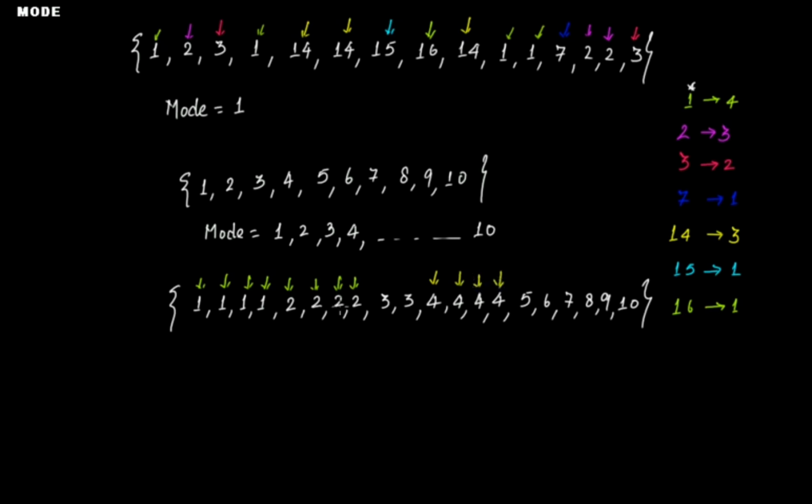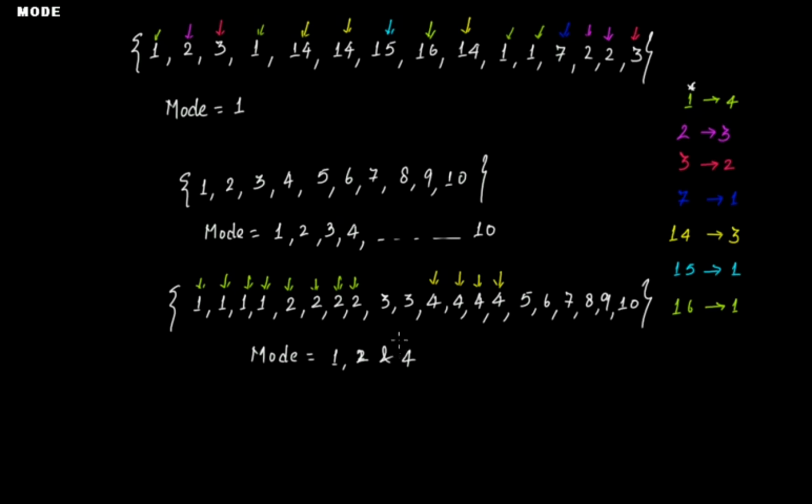So 1, 2, and 4, these 3 values are occurring 4 times. 3 is occurring only 2 times, and the rest of the numbers are occurring only 1 time. So in this condition, mode will be 1, 2, and 4. For a given data set, you will choose that value or number as the mode which occurs the most number of times.